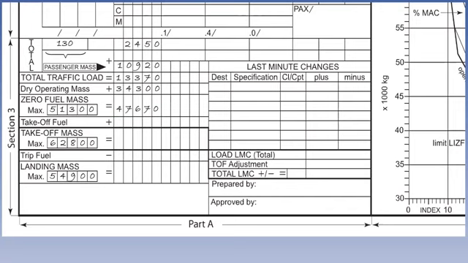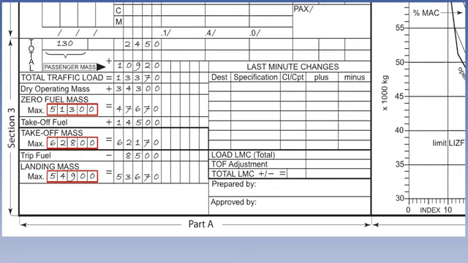To the zero fuel mass, 47,670 kilograms, we add the takeoff fuel, 14,500 kilograms, to give a takeoff mass of 62,170 kilograms. The landing mass is calculated by subtracting the trip fuel, 8,500 kilograms, from the takeoff mass, 62,170 kilograms, to give 53,670 kilograms.